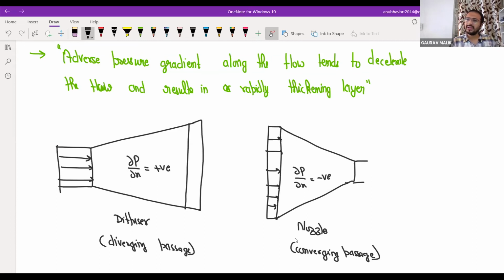If the value of del P by del X is equal to 0, I am asking again a very simple question: does the boundary layer continue to grow, remain constant, or decrease?